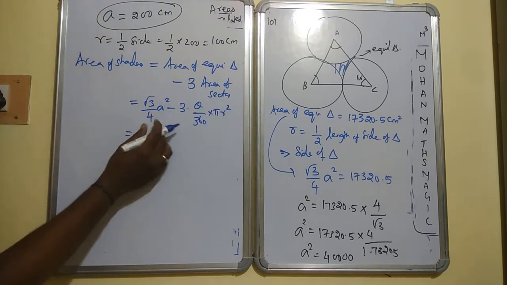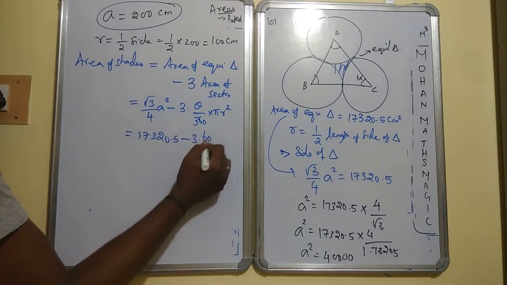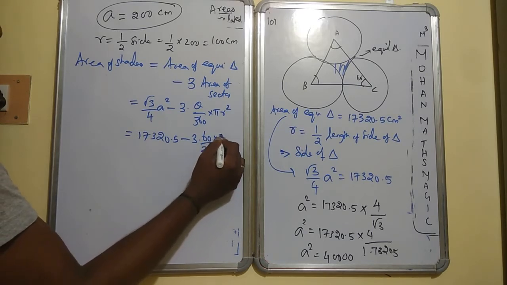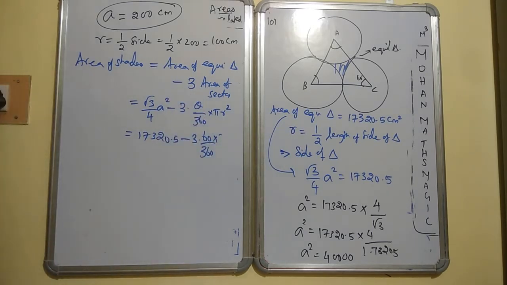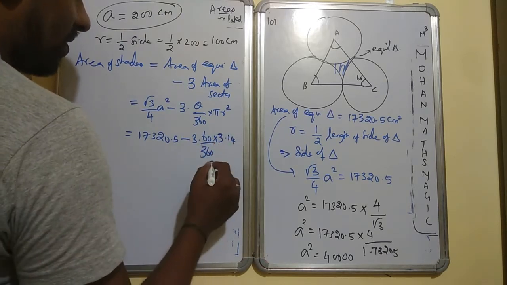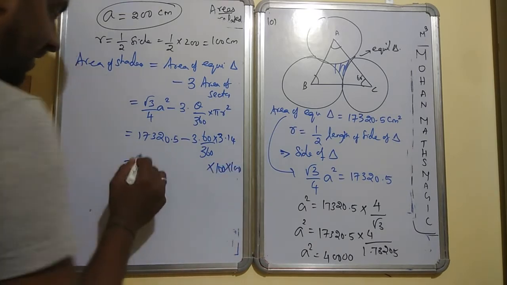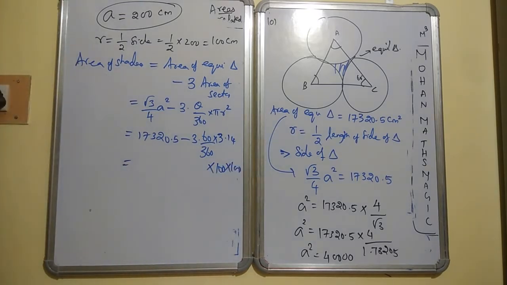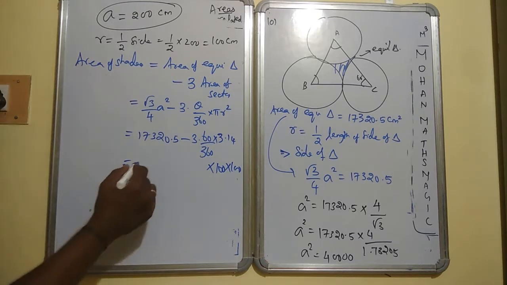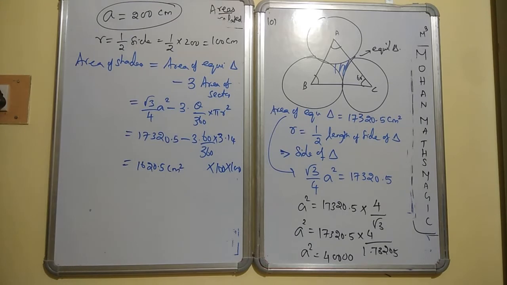The equilateral triangle area is already given: 17320.5 minus 3 into theta value 60 upon 360 into pi, the pi value given as 3.14, and radius value 100 into 100. The final calculation gives the answer 1620.5 centimeter square.